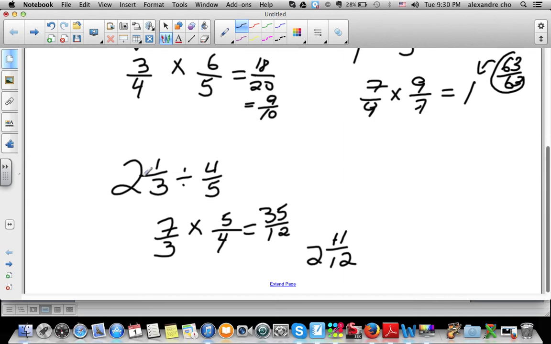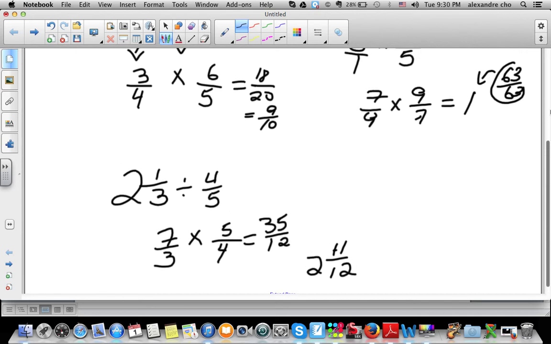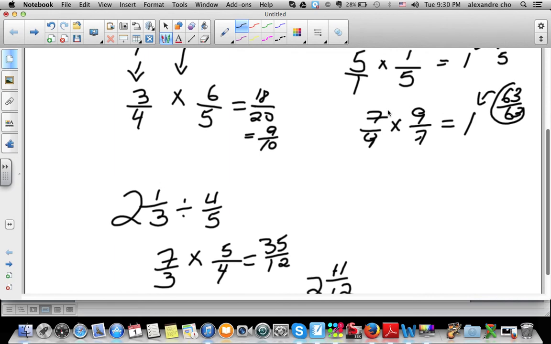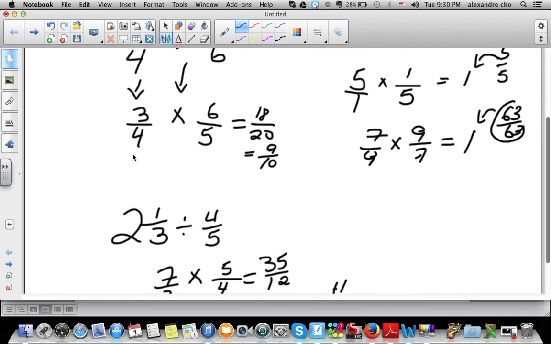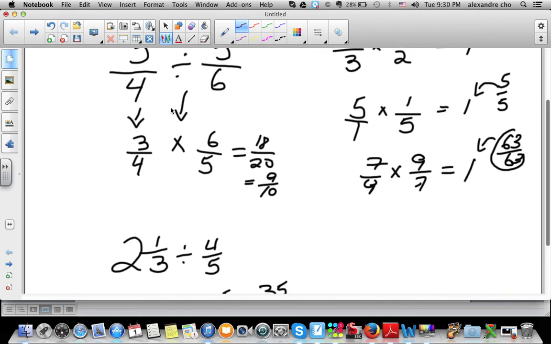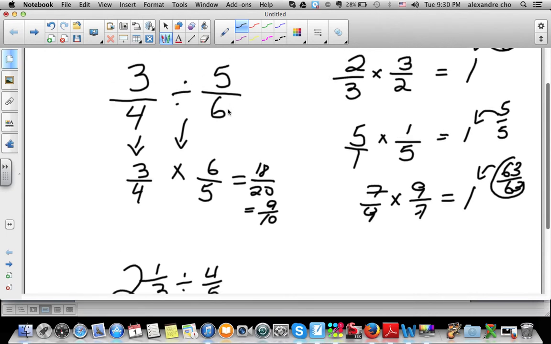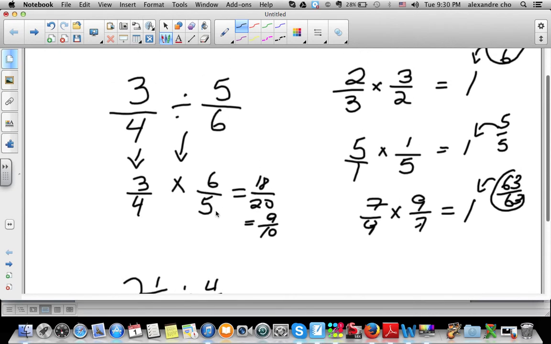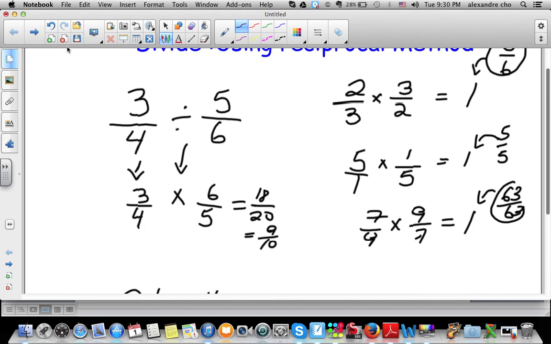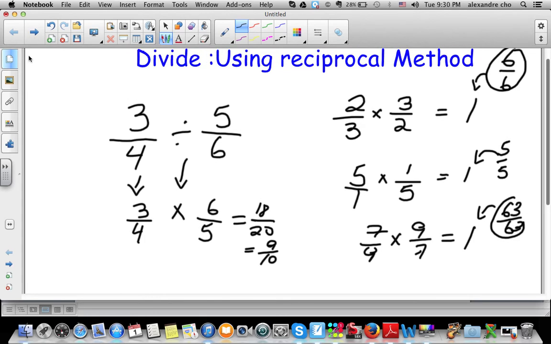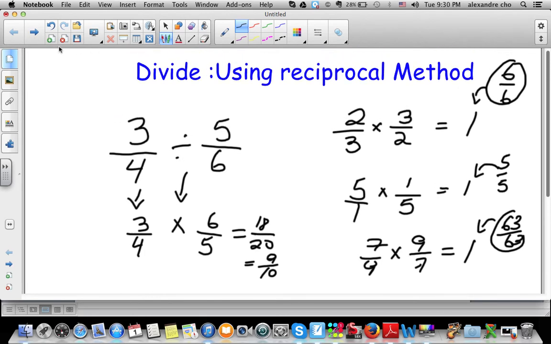The only thing you had to change was the mixed number into an improper fraction. Pretty simple. So that's dividing by changing to a multiplication problem. The first fraction stays the same, change the operation from division to multiplication, and you change the last fraction to its reciprocal. Simple enough. Now, when my computer stops moving around, we'll go to the next page.